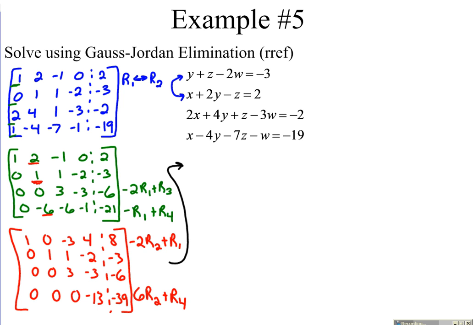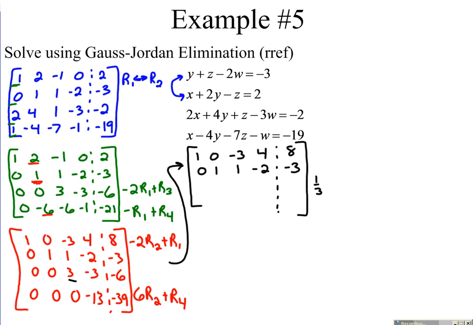Next, we need a 1 in row 3, column 3. To get a 1 there, it's not a 1. We always multiply by the reciprocal. So I need to take 1/3 times row 3, and that's all that we are going to change. So I'm going to leave row 1 alone. 1, 0, -3, 4, and 8. Row 2 stays the same, 0, 1, 1, -2, and -3.